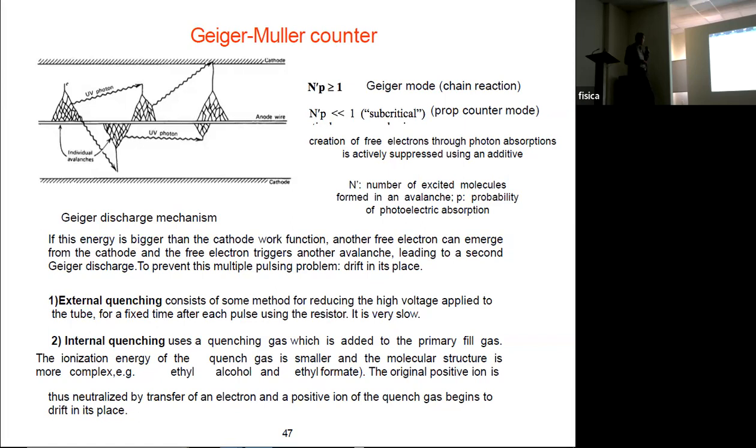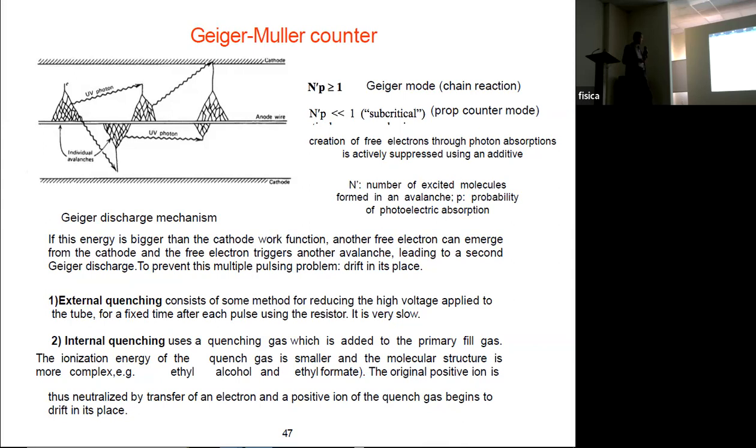And the second way is to quench the avalanche by adding a polyatomic gas, which is also called the quench gas, but the function of this gas differs from the gases used in proportional counters. There we have CO2 gas. Here we have more complex molecules, for example, alcohol, ethanol, or ethyl.